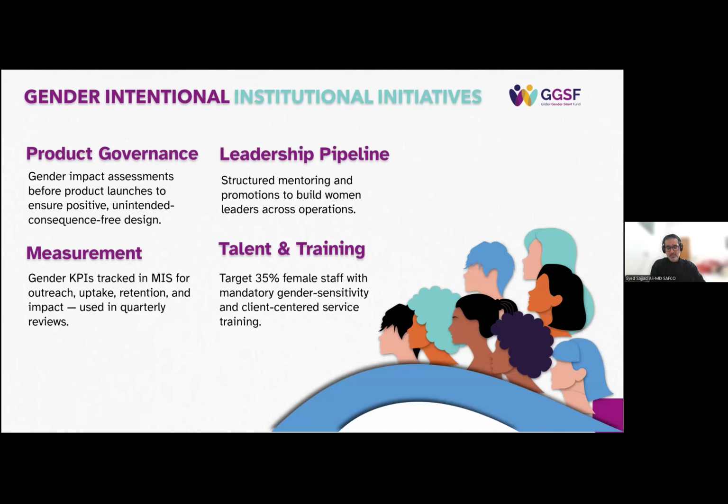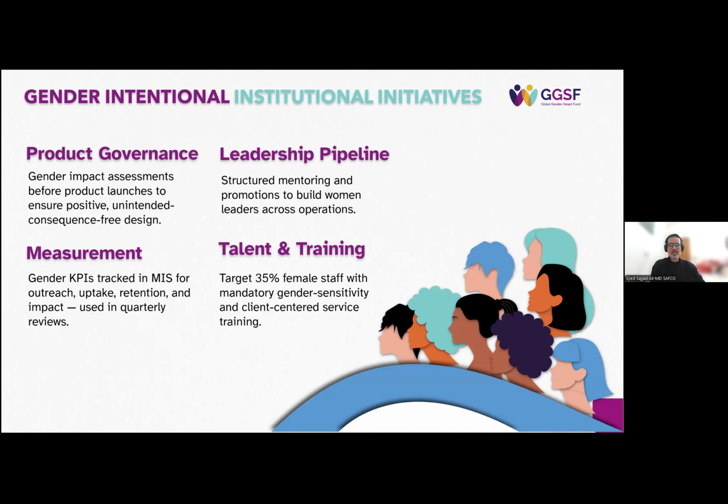When we thought about the institutional approach towards the gender initiative, we created a governance mechanism in terms of the product, because the products should have the engagement of the borrower.